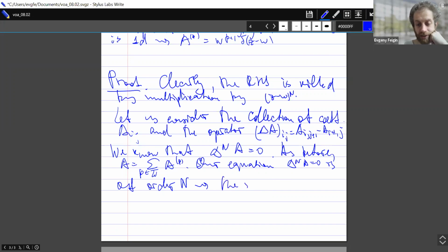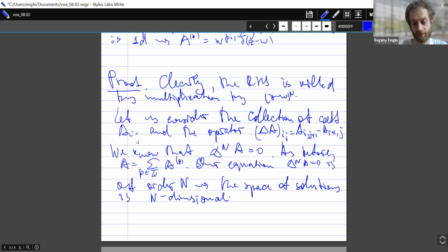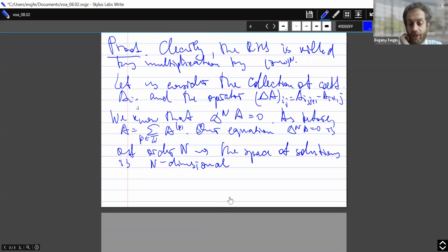The space of solutions is n-dimensional for each p. Yes, so this should work for each p, and therefore we just need to find n linearly independent solutions of this relation.